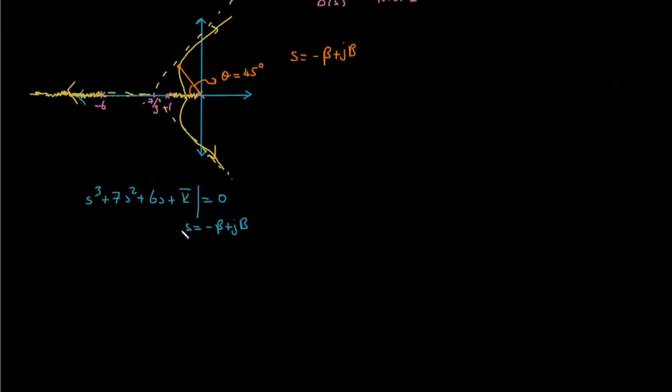Is there anything left over here? No. And if you do so, you will end up with something like this, right? So you're going to have (minus beta plus j beta) cubed plus 7 times (minus beta plus j beta) squared plus 6 times (minus beta plus j beta) plus K bar is equal to 0.